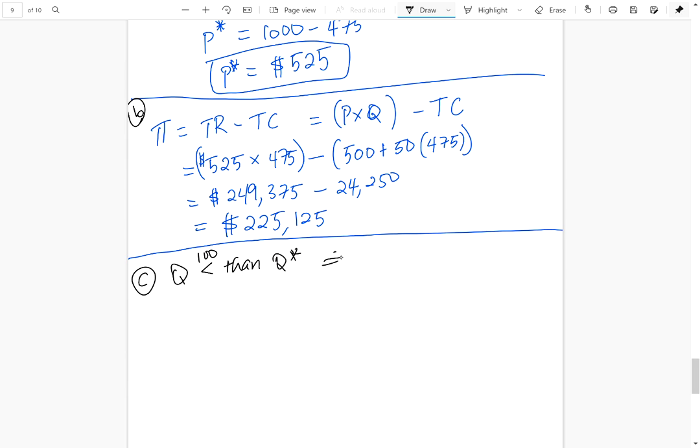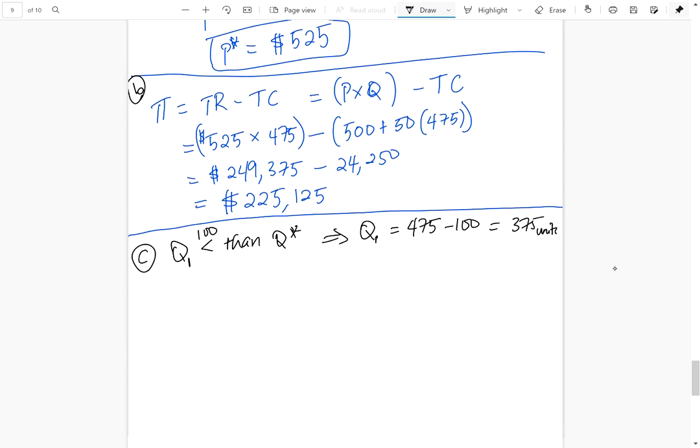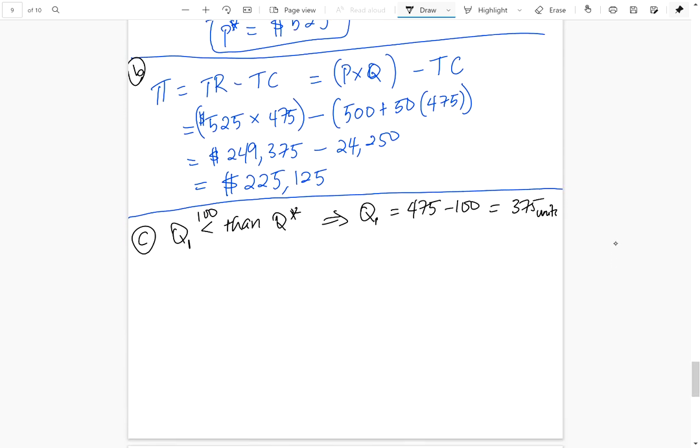Therefore, we have a Q of, let's call this Q1, of 475 minus 100, which would be 375 units. Okay, so now let's figure out what that profit will be, but to do that we need to figure out the price.